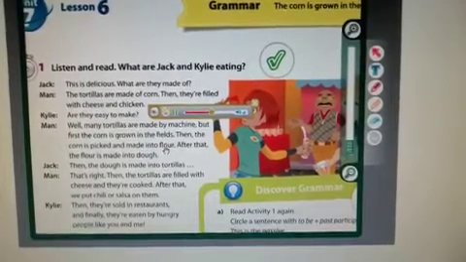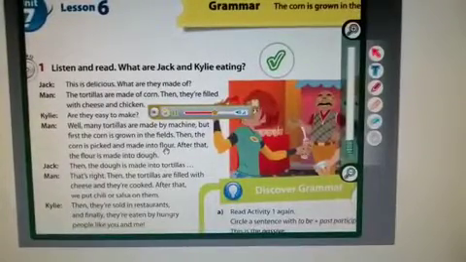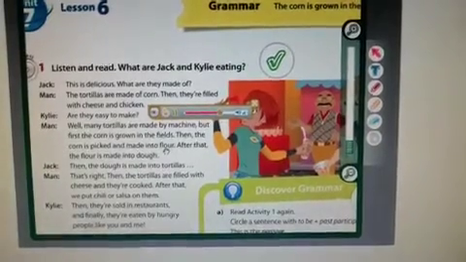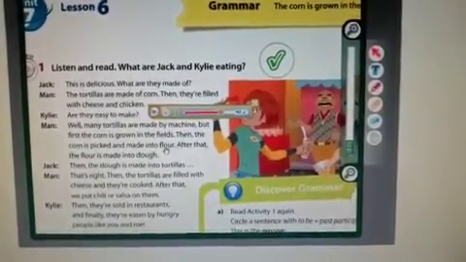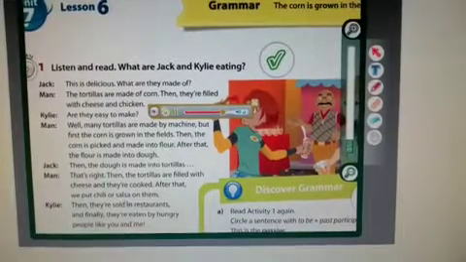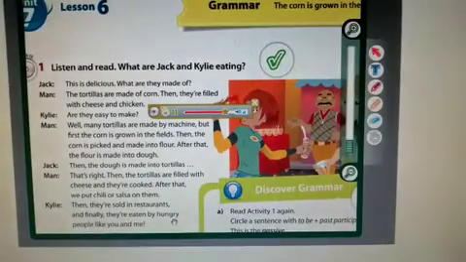After that, the flour is made into dough. Then the dough is made into tortillas. That's right. Then the tortillas are filled with cheese and they're cooked. After that, we put chili or salsa on them. Then they're sold in restaurants. And finally, they're eaten by hungry people like you and me.